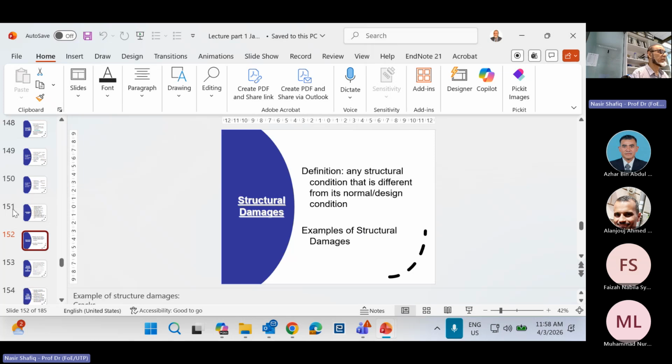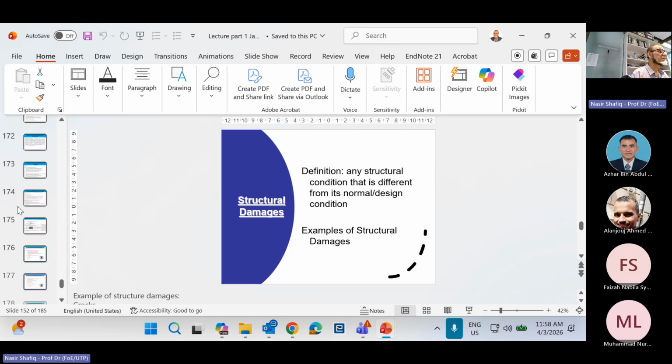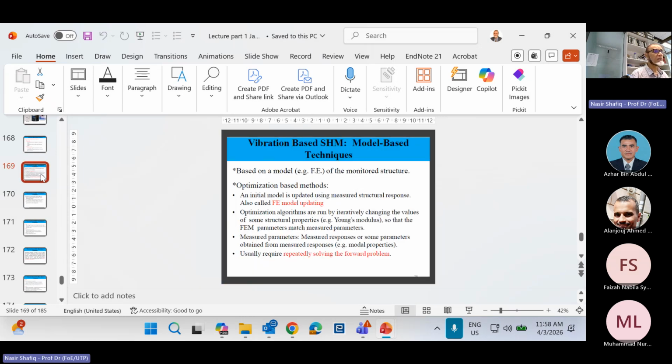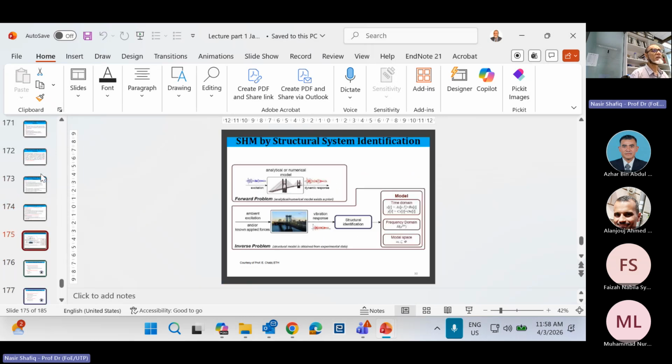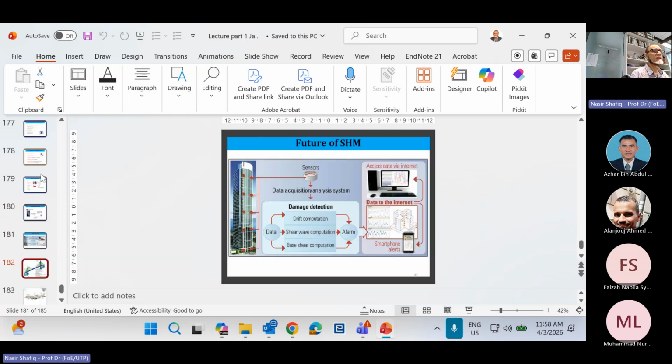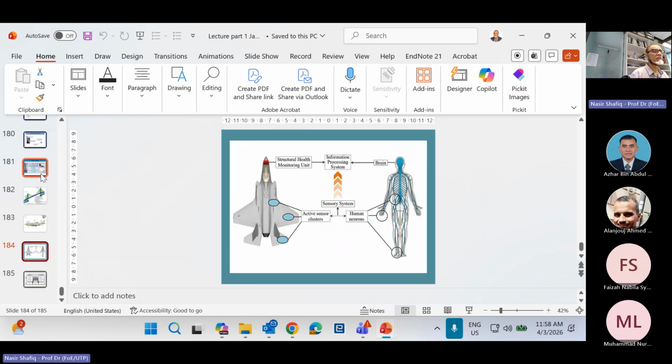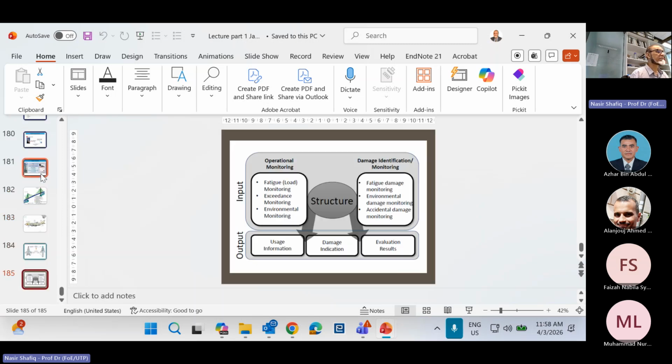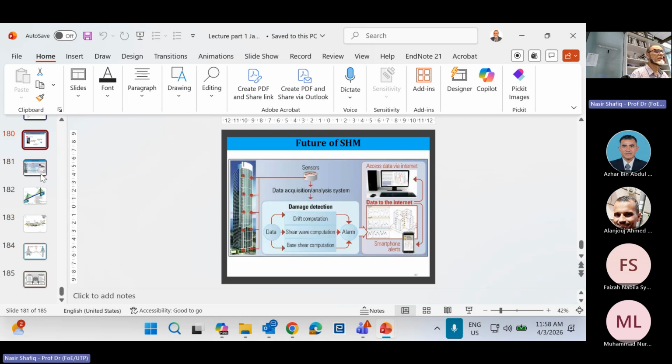So now I think I stop here. Next, whether I have added some slides or not, I will add a few slides on AI in SHM, right? Which is some part is there.